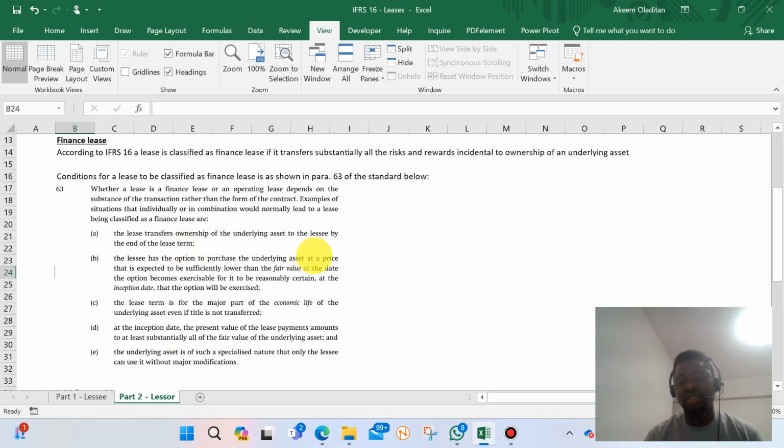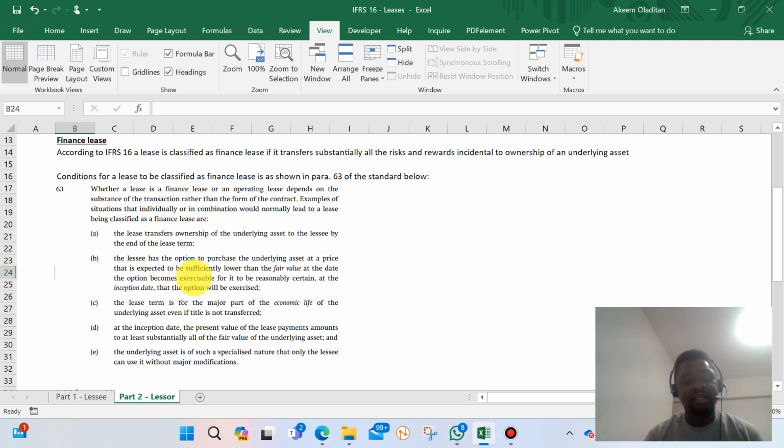What this means is that, having leased a particular piece of equipment or property for a certain number of years, the lessee is able to receive ownership, in terms of the title to the equipment or the property, at the end of the lease. So the lessee will own the asset at the end of the lease term. That's what this is talking about.